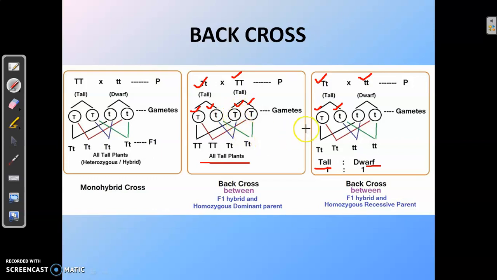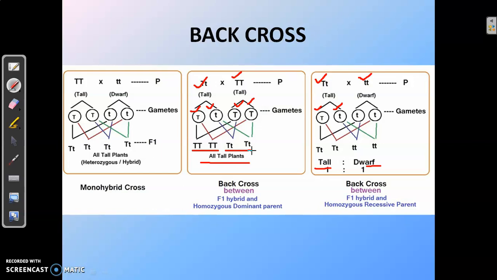But when we look into the genotype, we get two types of genotype, that is homozygous tall plant and heterozygous tall plant. But in terms of phenotype, all plants are tall.